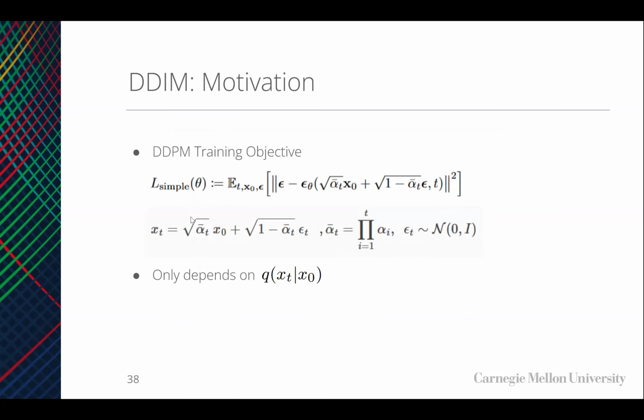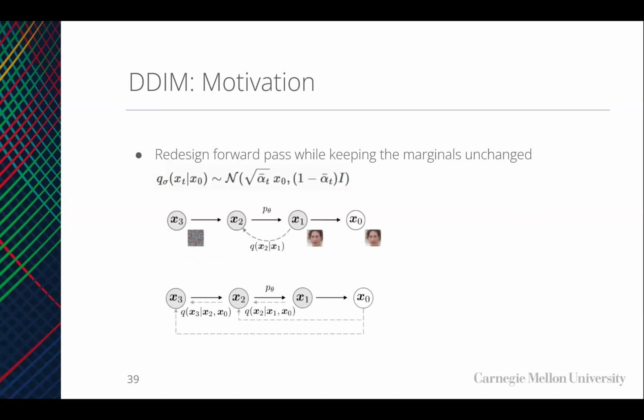So technically, if we can change the way we add noise while keeping the distribution of xt given x0 the same as in DDPM, the training objective is still the same, which means you can train the model in your DDPM version, but just do the denoising in a different way. You should theoretically arrive at similar results.